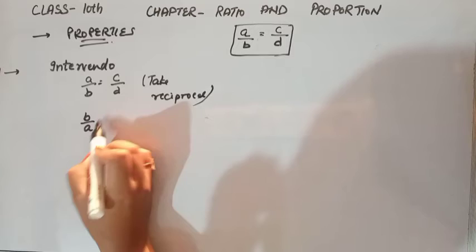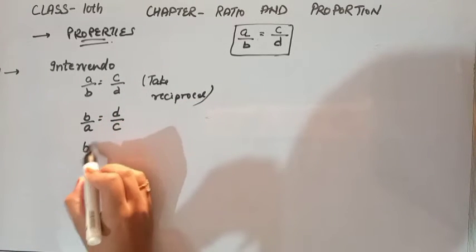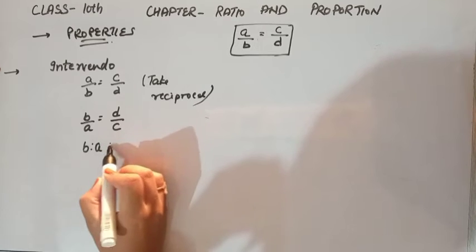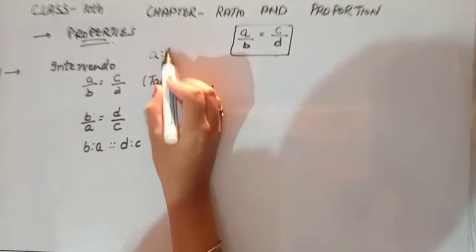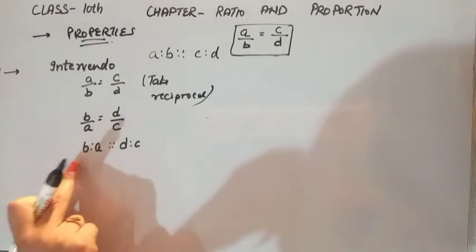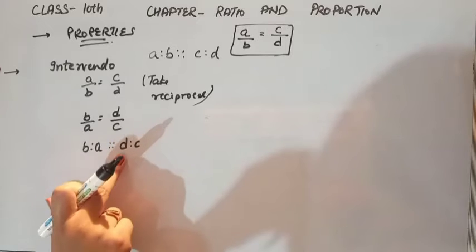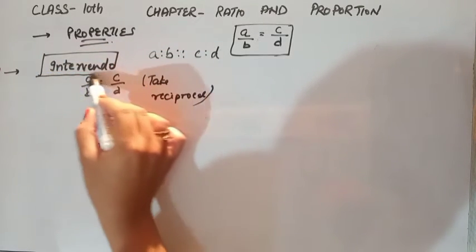B by A is equal to D by C. The ratio will change into B is to A as D is to C. Firstly it was A is to B as C is to D, then it has changed to B is to A as D is to C. So this is the first property, that is invertendo.